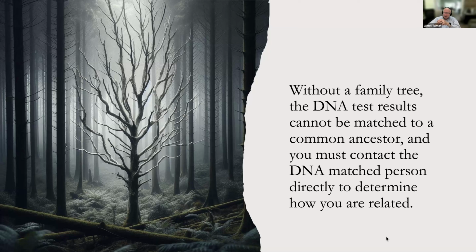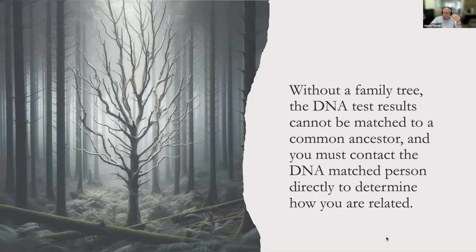Obviously, if you don't have any matches, then there's a question, because either nobody's taken the DNA test on that particular line, or they might not be related to you. That can happen if you find out that siblings in your family don't all have the same DNA test results.